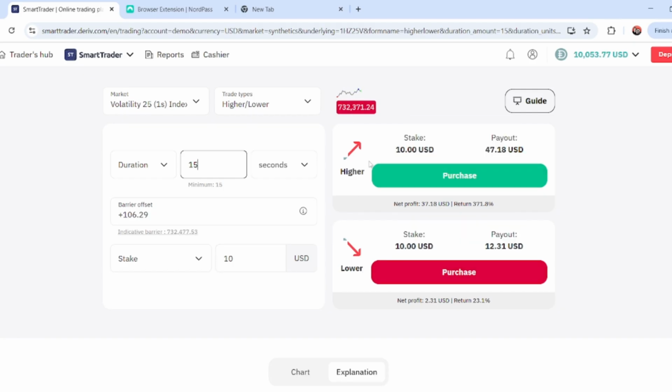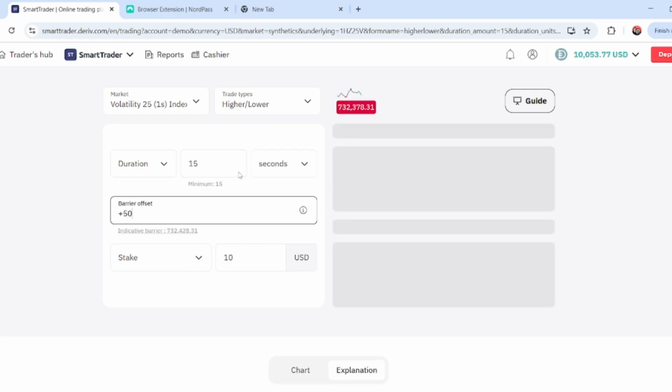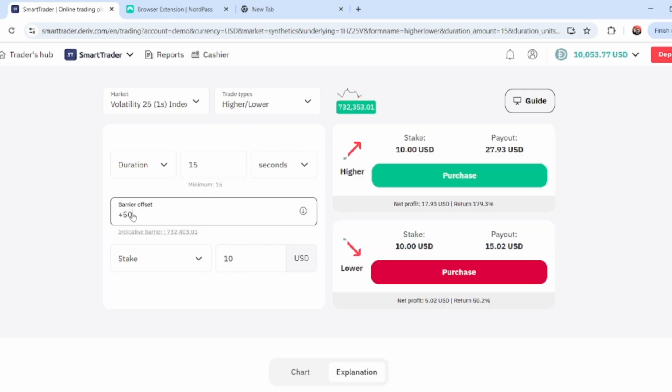So you know that higher has more payout than lower ticks, depending on your barrier offsets and what you are working on. When you change your barrier offsets, it's like lowering your risk level of highs and lows.